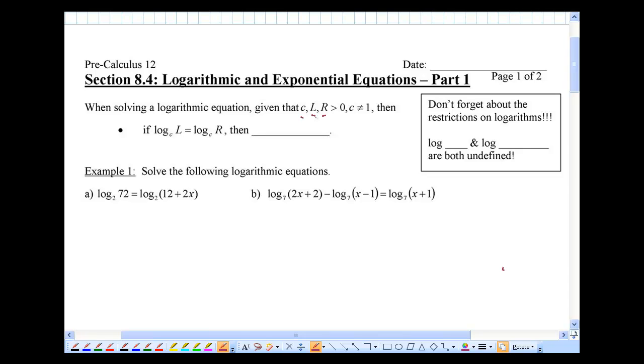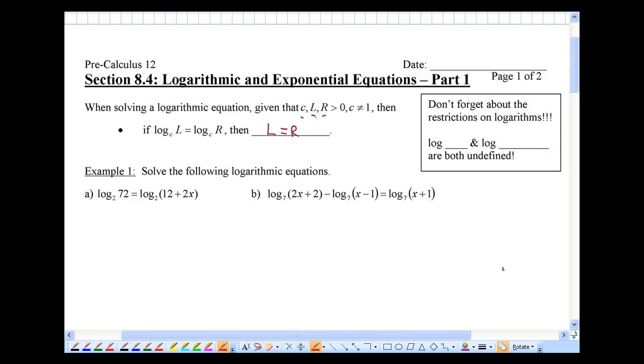If log base C of something called L is equal to log base C of something else called R, well, that just means that the L must equal the R. So as long as you can rewrite a logarithmic equation so that there's one log on the left and one log on the right, then the logs kind of cancel out, so to speak, and then the left side just equals the right side, right?